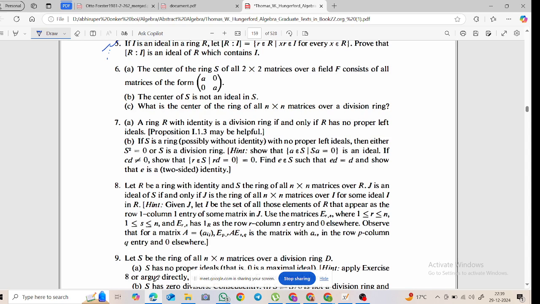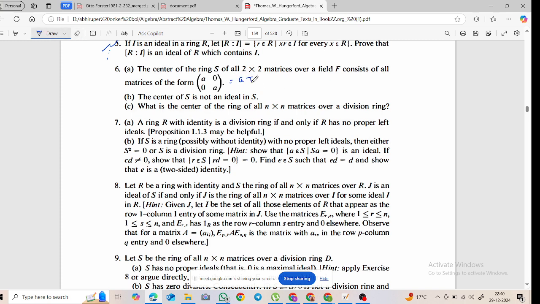Okay, I will give you a hint for C. This is homework, but I am telling you the hint. These are only diagonal matrices. So the center of S will be diagonal matrices, meaning scalar multiples of the identity.